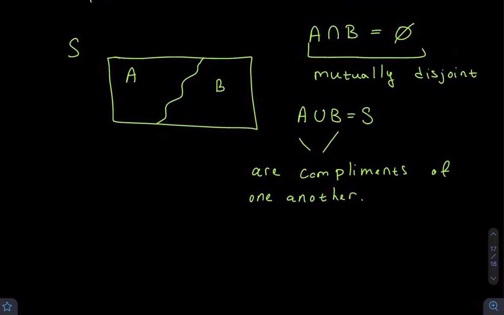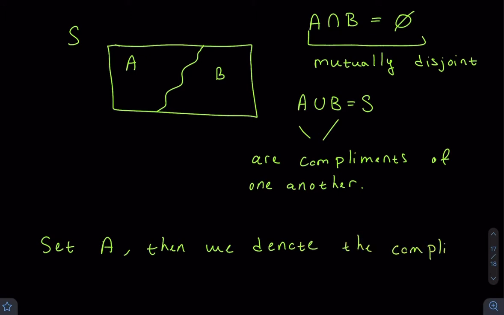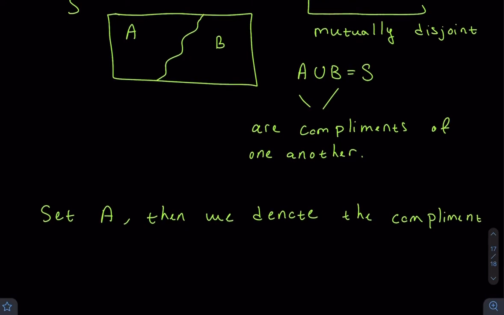That is to say that if we had a set A, then we denote the complement of set A as this, where we superscript a small letter C on top of the set that we're taking the complement of.